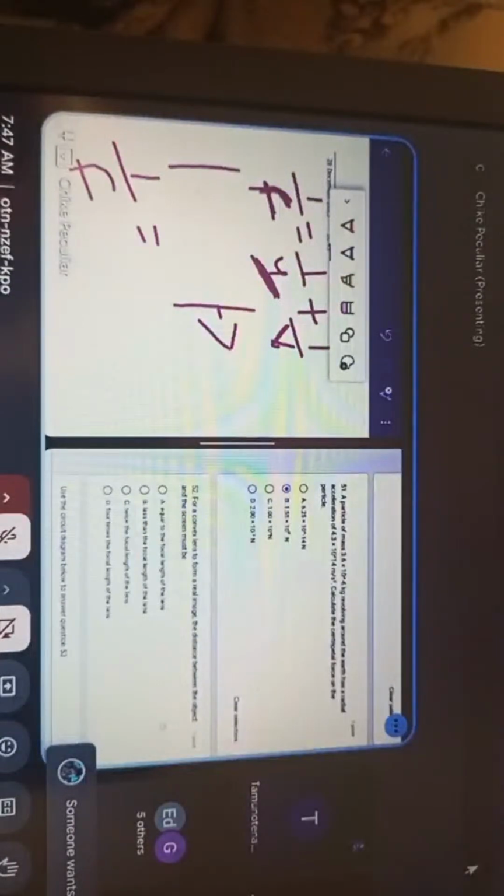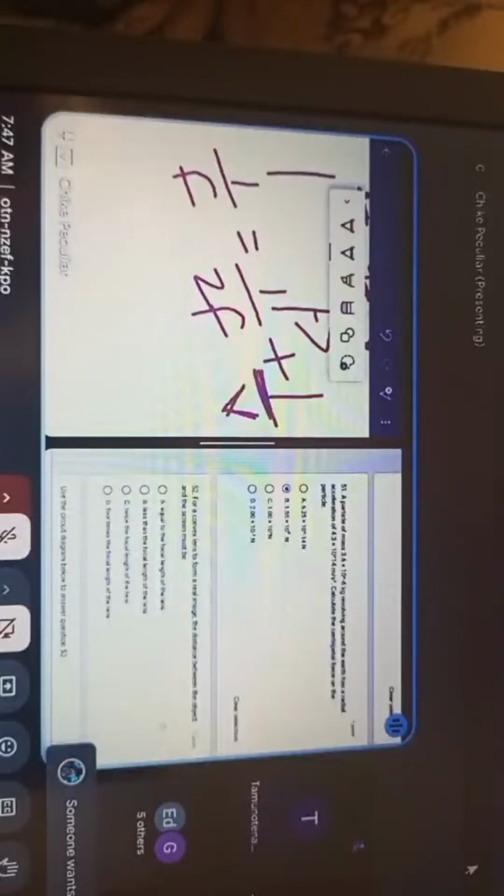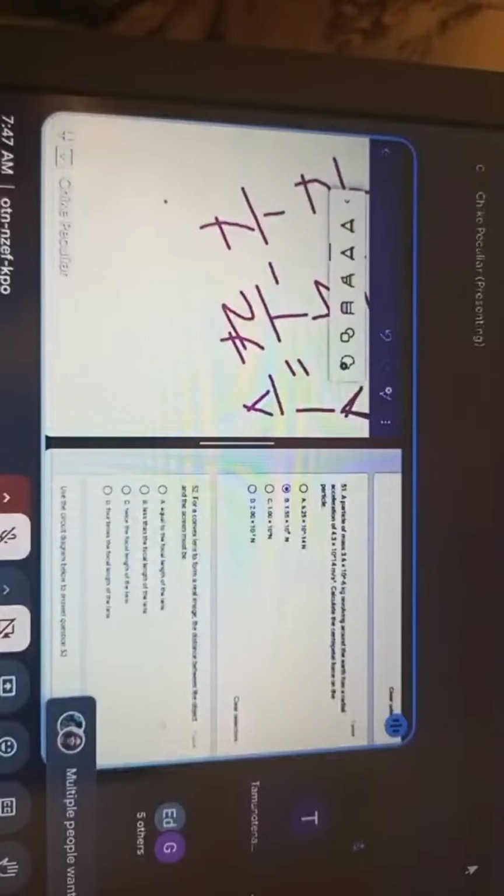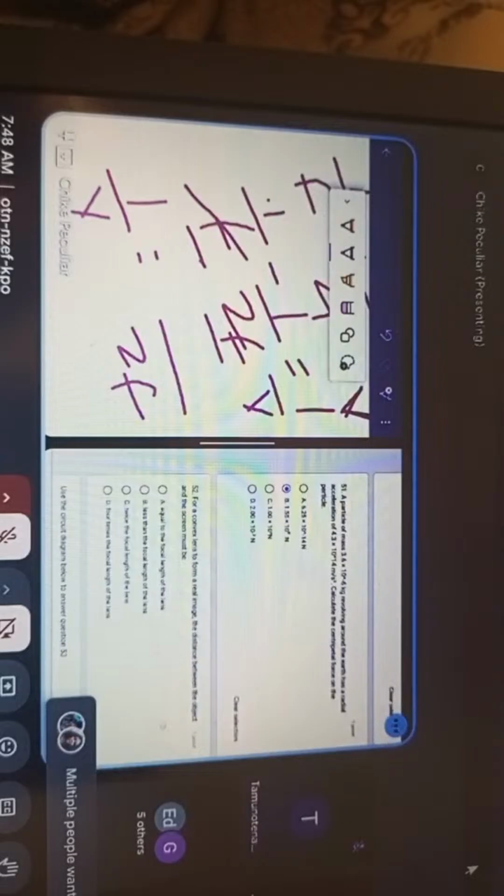If I do that, I would have 1 over F equal to 1 over 2F plus 1 over V. Remember, V is the image, so that the image will be real. So to get my V, I'll collect like terms: 1 over F minus 1 over 2F is equal to 1 over V. The LCM of these two will be 2F. 2F divided by F is 2, times 1 is 2, minus 2F divided by 2F is 1, times 1 is 1.